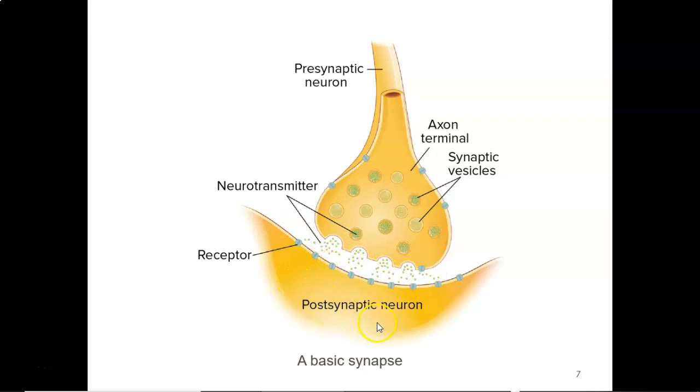Then you have this postsynaptic neuron, and this is going to be a dendrite. Now remember, axons only send information. Dendrites only receive information. On our dendrite, we see what are called receptor sites. It is receptor sites that either allow or block these newly released neurotransmitters into the postsynaptic neuron.